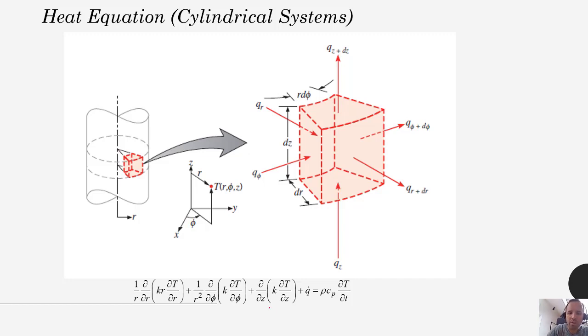So it's important to note that in cylindrical coordinates, the heat equation looks different, and when we solve it, we do have to deal with these extra terms. But you'll see we're going to give lots of example problems where we'll work through these and figure out how to solve it in cylindrical coordinates for different scenarios.